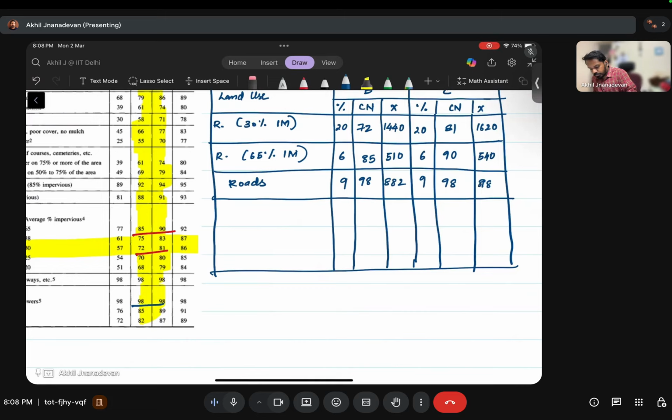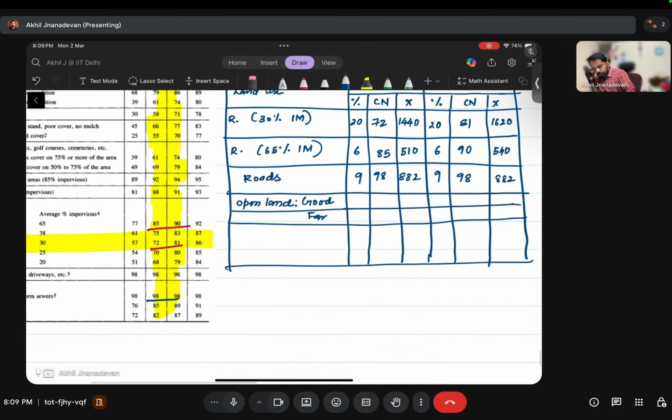Next is the open land. So you can follow the same procedure. So I'm writing down the good cover and fair cover. There are two types of open land, that is open land with good cover classification and fair cover classification. Those values we can take out from the table, one for good cover and one for fair cover, and it will be open land, which will be coming around total 8%, 4, 4, and the curve numbers are 61 and 69.